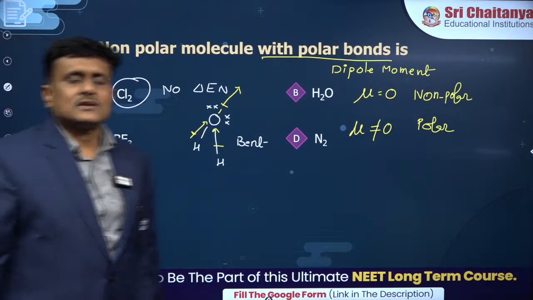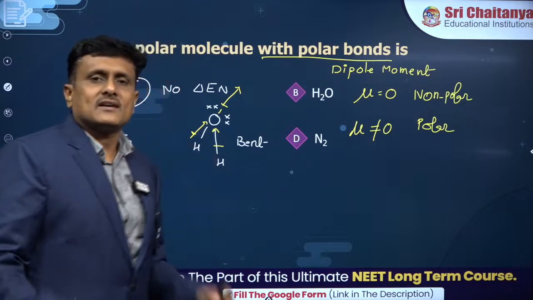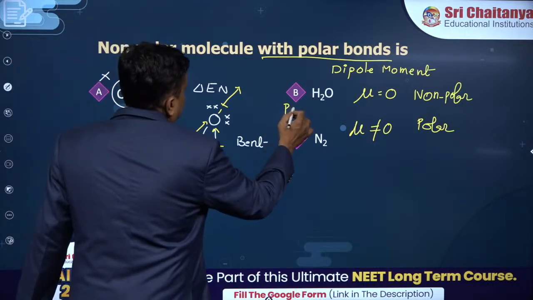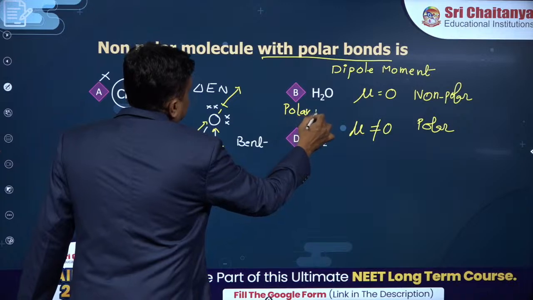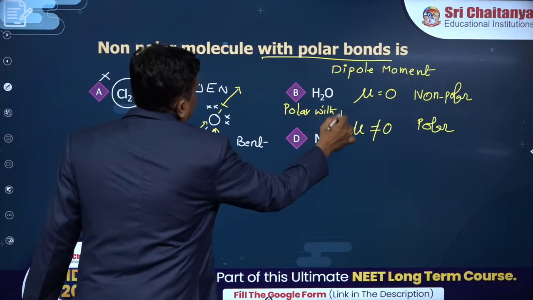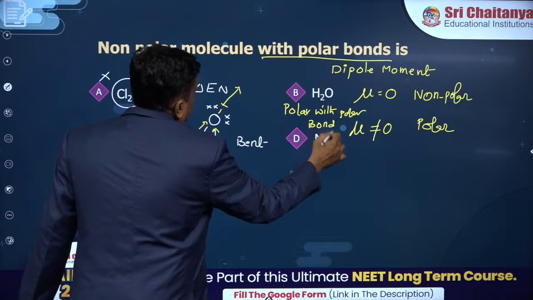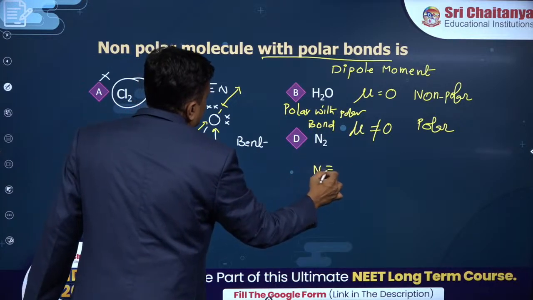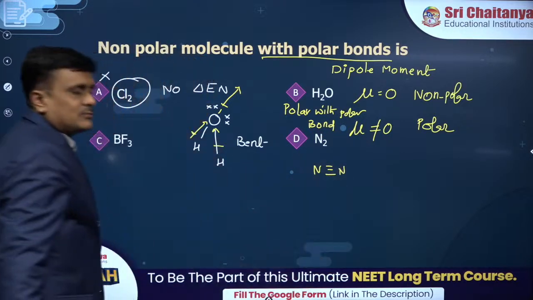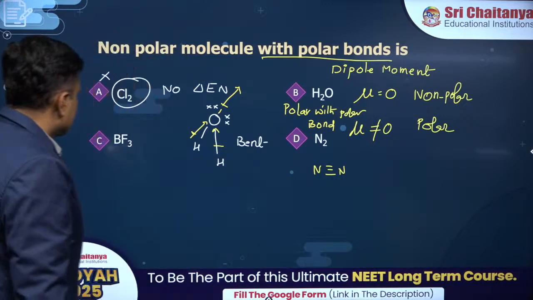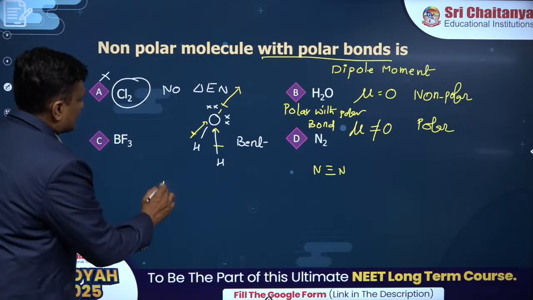So this is not non-polar; rather, water is polar, with polar bonds, isn't it? N2 is non-polar with non-polar bonds. So only one option is left out, which is BF3. What do you all say?